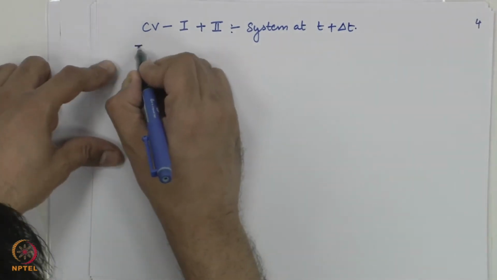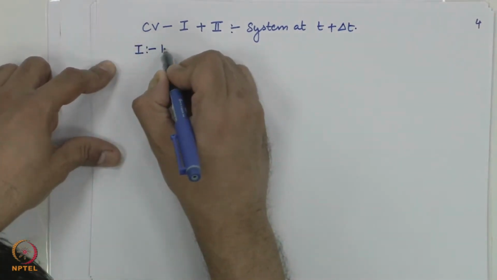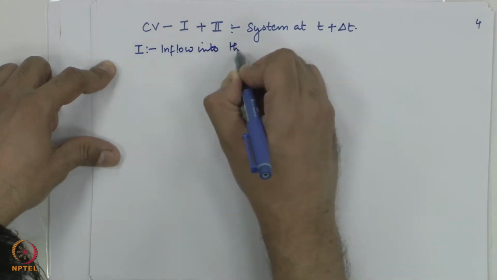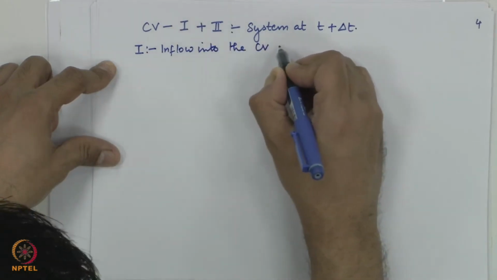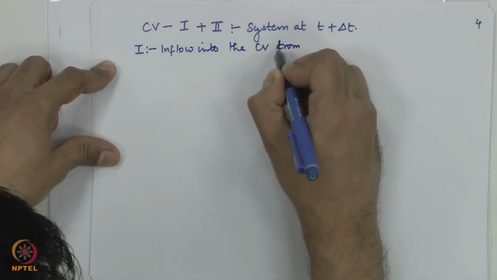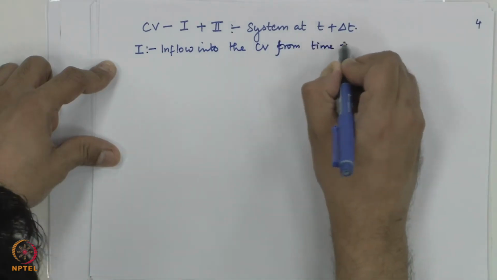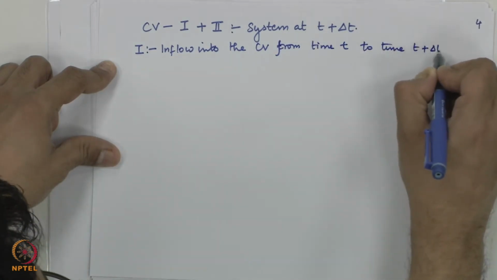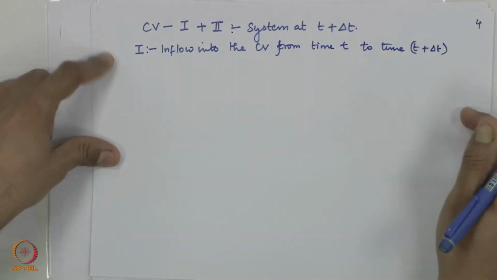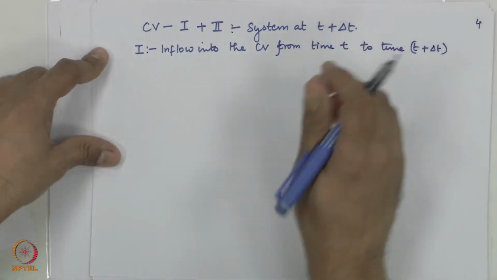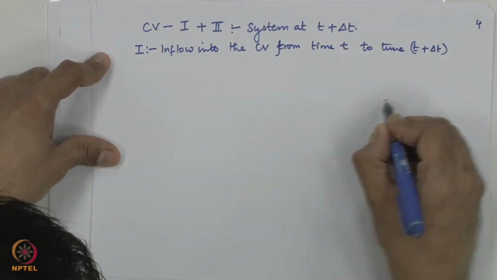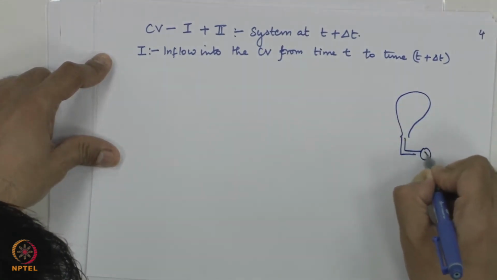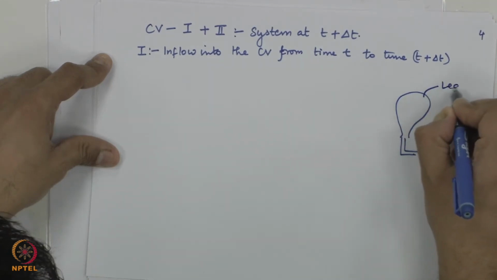Shaded area 1 is the inflow into the control volume from time t to time t plus delta t. This is basically because of mass flow. Suppose a balloon was being filled by a pump, and also there was a leak.